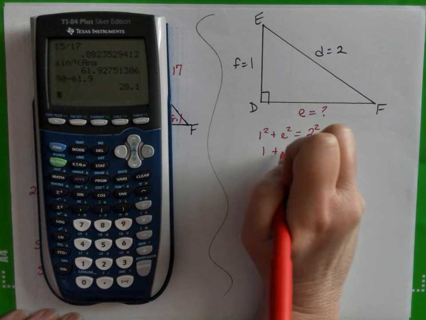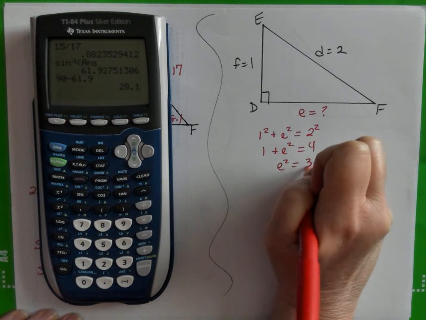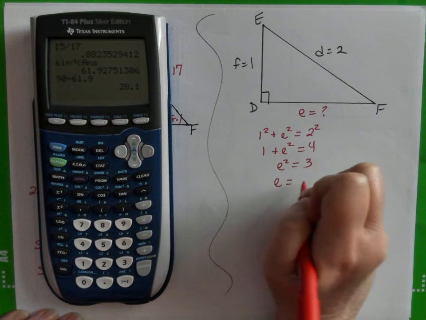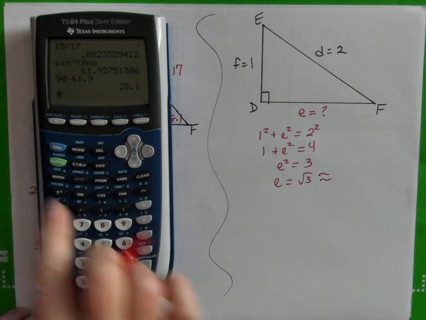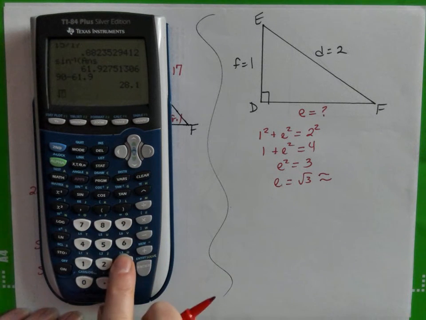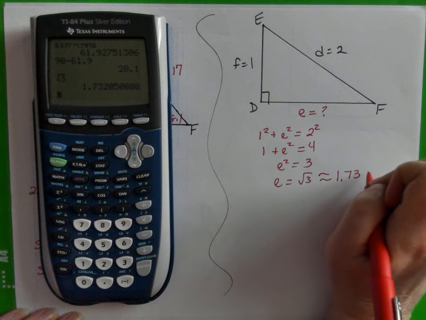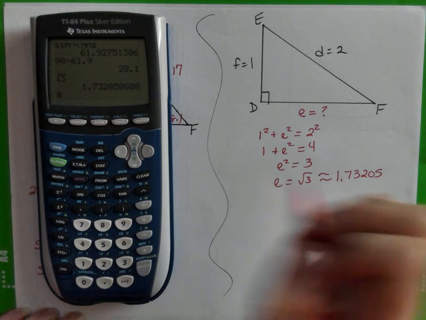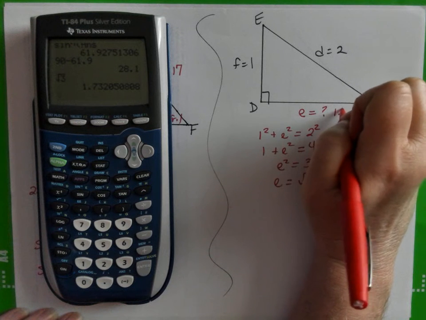So 1 plus E squared is 4, so E squared must be 3. So E must equal the square root of 3, or approximately, and I'll just do that on my calculator, 1.73205. Okay, we're going to round to the nearest tenth, so we would say 1.7.